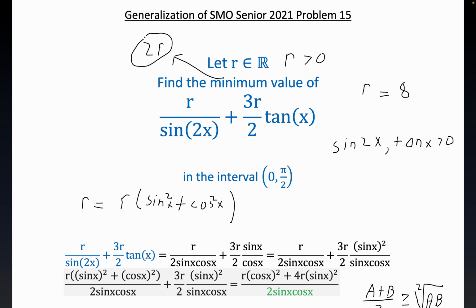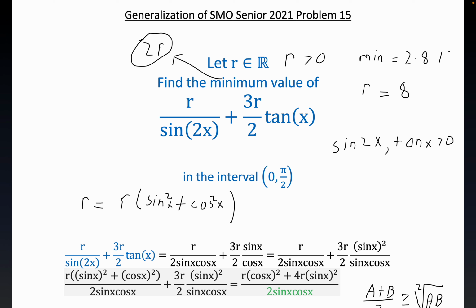And again, in problem 15 of the 2021 SMO, if r is equal to 8, that would mean that the minimum value was 2 times 8, equal to 16. If you take the time to graph this, you'll see it repeats.